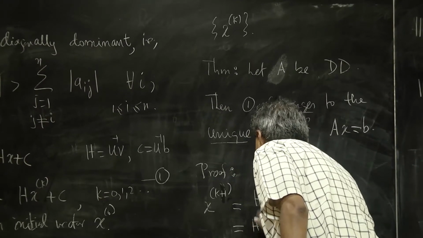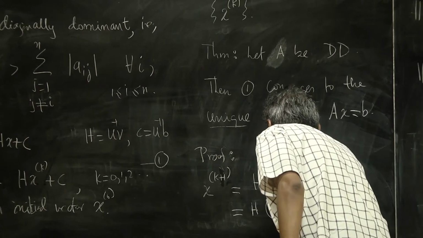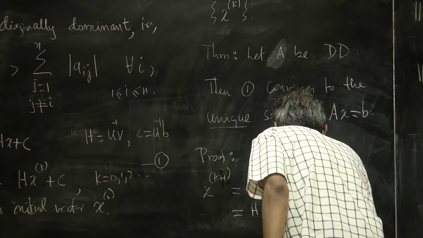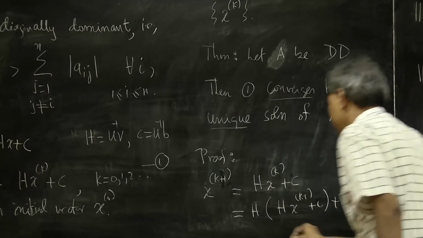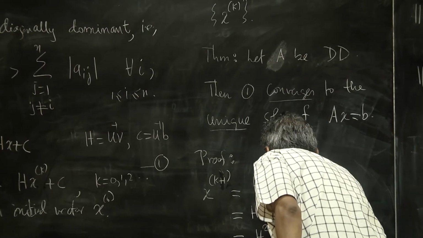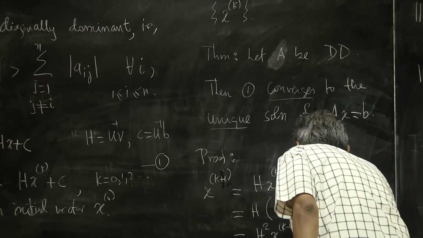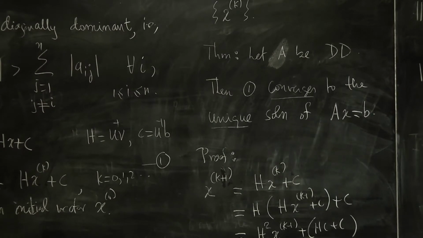Next step, replace x_k by the previous combination, that is H x_{k-1} plus c, plus c. This is H squared x_{k-1} plus H c plus c. So I proceed in this manner.